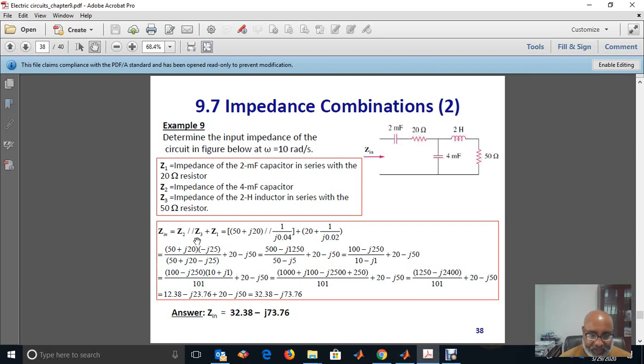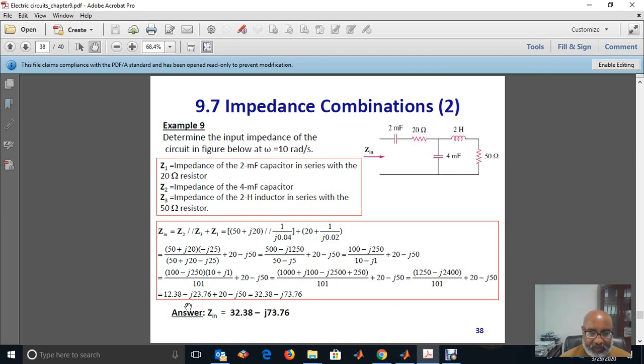And then I have the parallel combination. Remember, for the division, it's better to change to polar. First, I multiply these two, and then I get this, and change it to polar, so that the division becomes easier. Or you can do it directly by rationalization and then do the calculation.